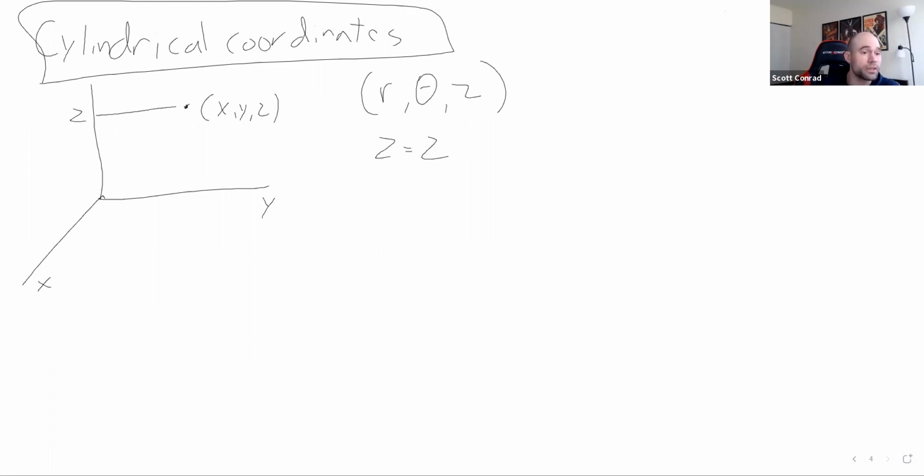And r and theta are the same as they are in polar. So what you do is you project down to the xy plane. You keep x and y the same, but you take z down to 0, down to the xy plane.